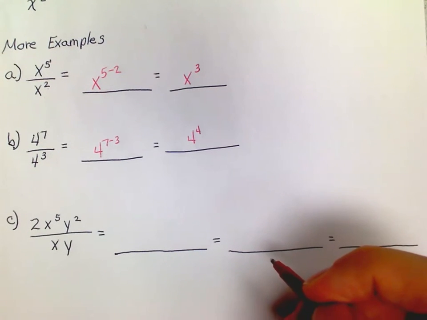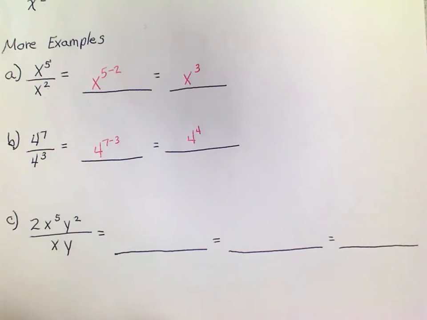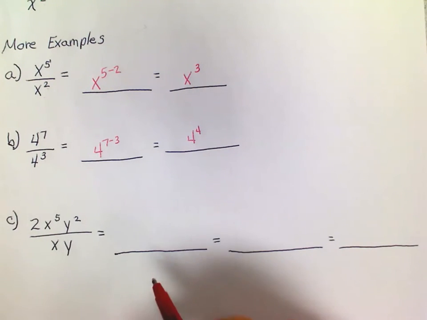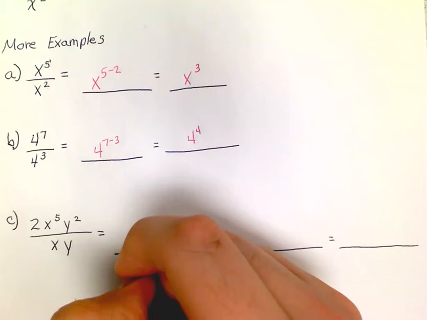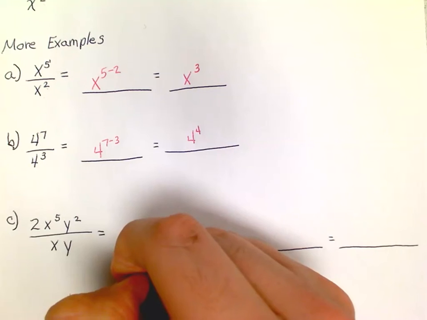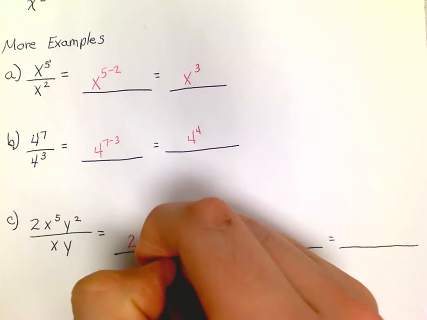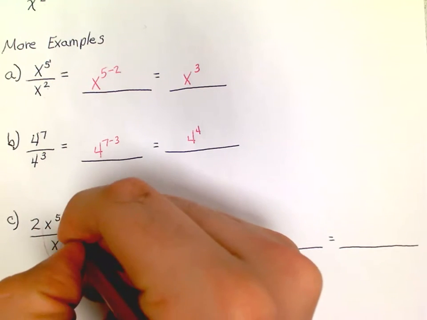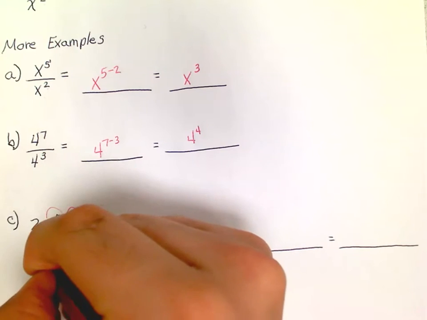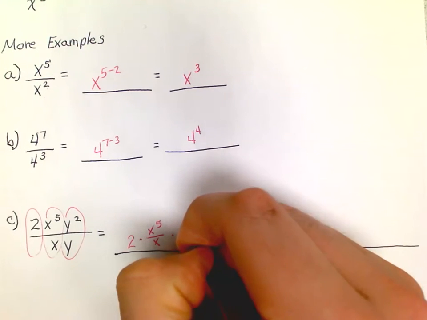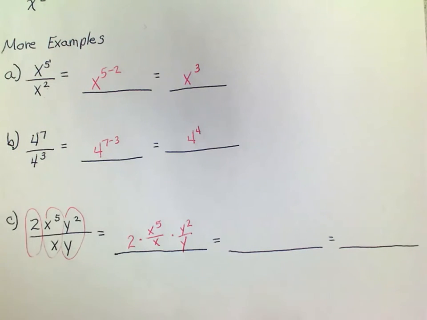Okay, and finally, if we look at this example below, we have a mixture of real numbers and variables with exponents. So let's break this down. So we have 2 times x to the 5th over x. We're just keeping the variables together, times y squared over y.